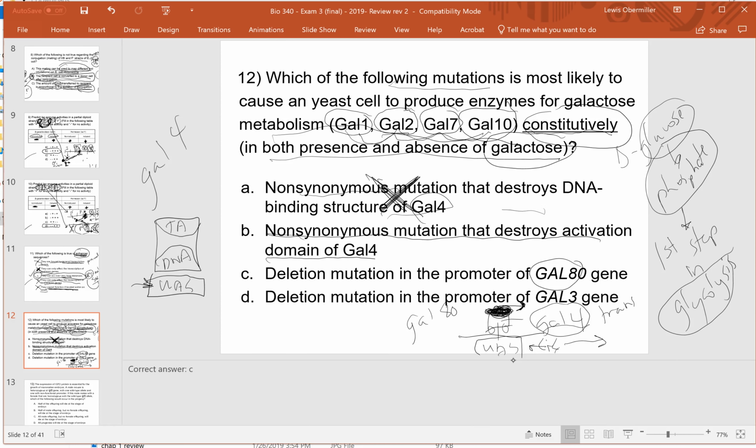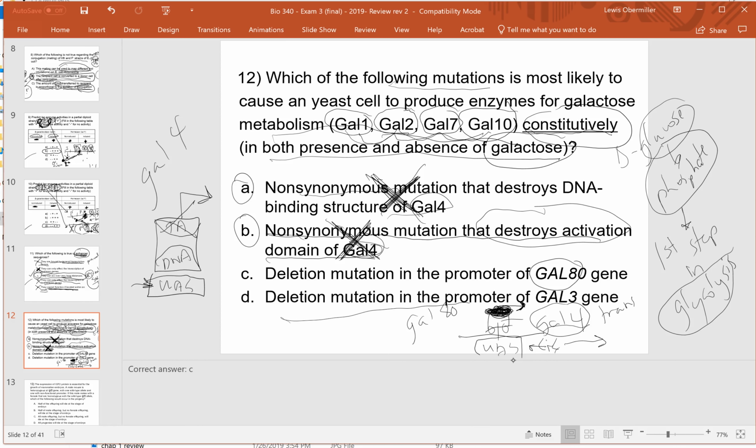And it says it destroys the activation domain of GAL4. So this is broken. What do you think would happen if the transcriptional activator was messed up on GAL4? Its job is to turn the gene on. So it would not turn the gene on. So this would make the gene turn off. A would make the gene turn off. B would make the gene turn off.